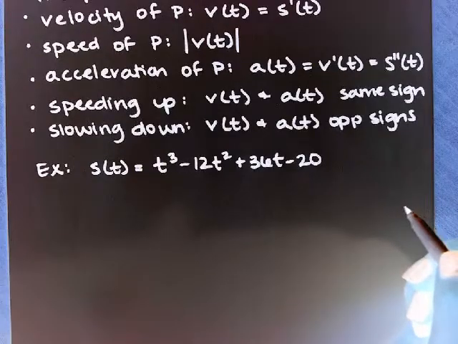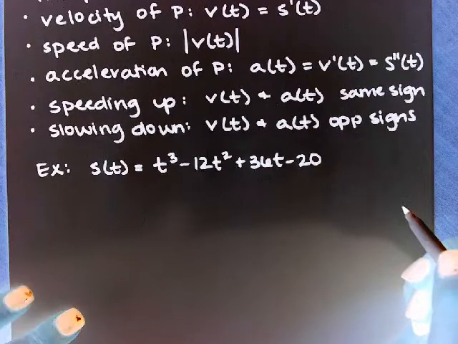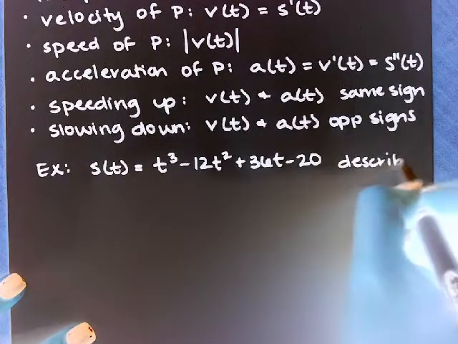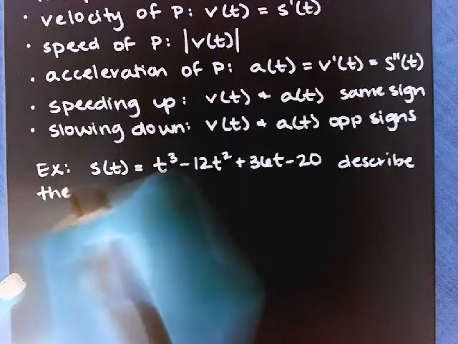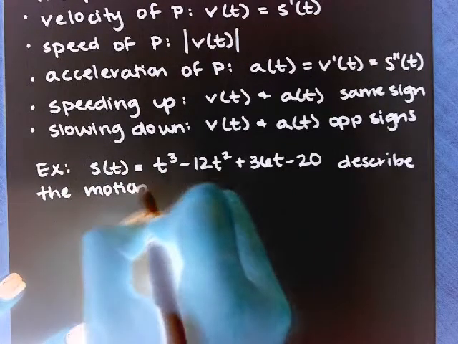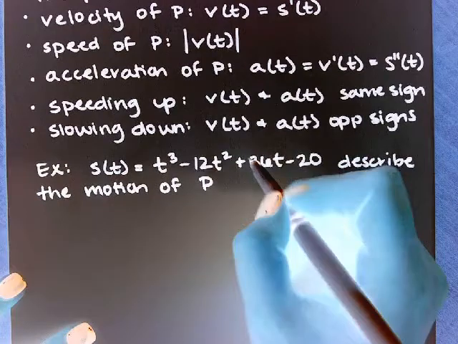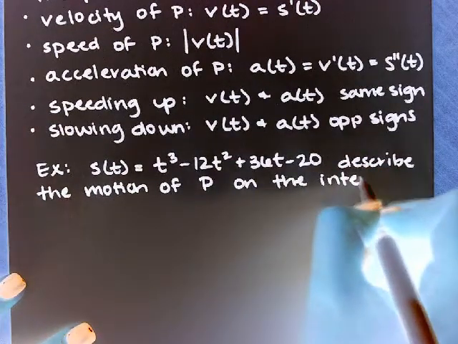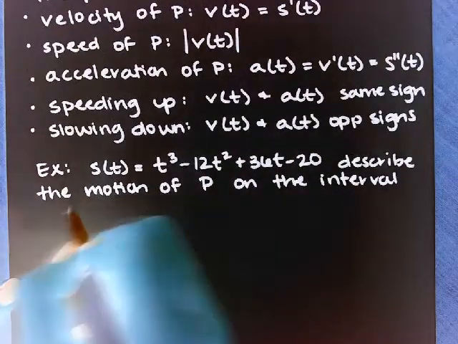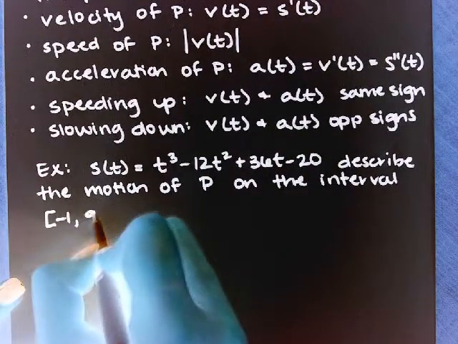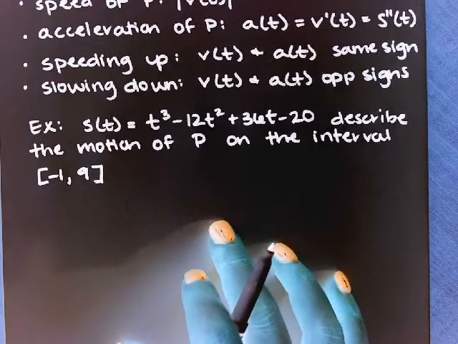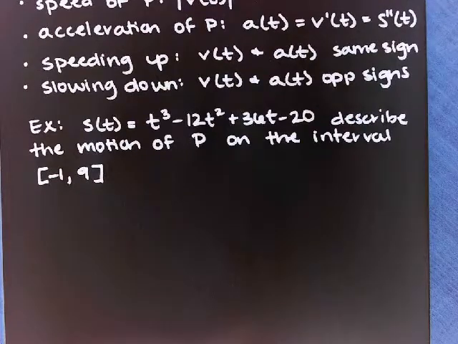We're going to use that function and describe the motion of P on the interval from -1 to 9. So we're saying starting at -1 seconds, yes, I know that's weird, going to 9 seconds, describe the motion of the particle.